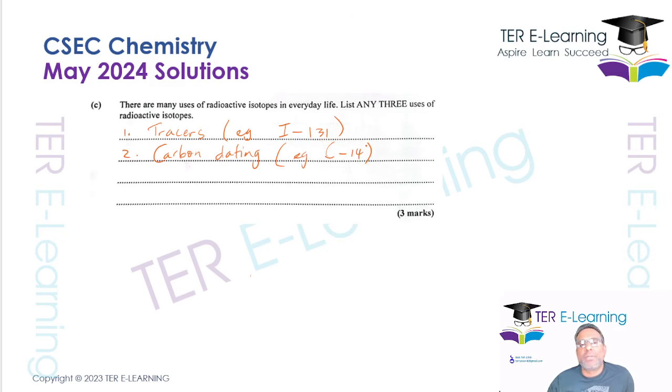We also use uranium 235. This is a power source in nuclear power plants.